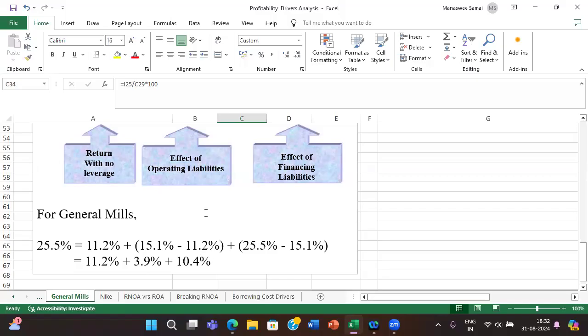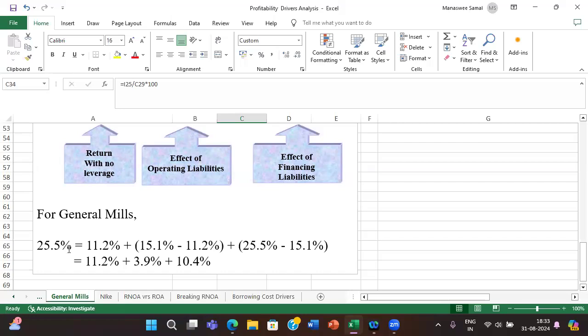Therefore, imagine a hypothetical balance sheet for General Mills. You don't have any financial liability, any financial asset, or any operating liability. You recall those simple balance sheets I created in the classroom for your easy understanding. In that case, you have only operating assets on the asset side and 100% equity finance on the other side.